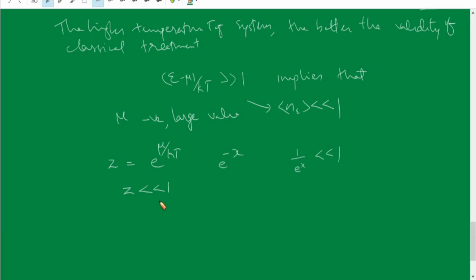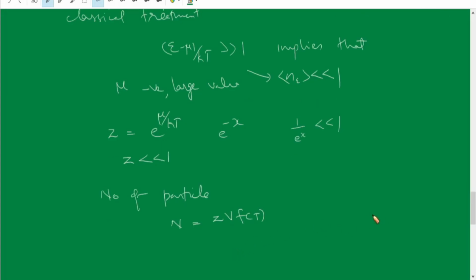We know the average number of particles in the grand canonical ensemble. What is the average number of particles? N bar, or N, is equal to, we have derived this relation, Z V f of T. In the grand canonical ensemble chapter we studied this expression: N is equal to Z V f of T. What is V f of T?